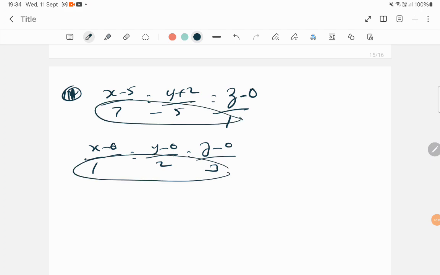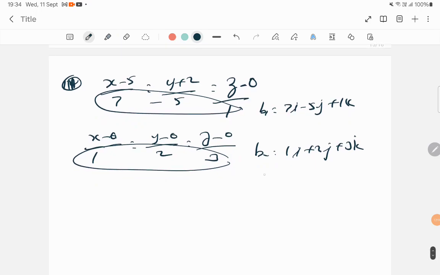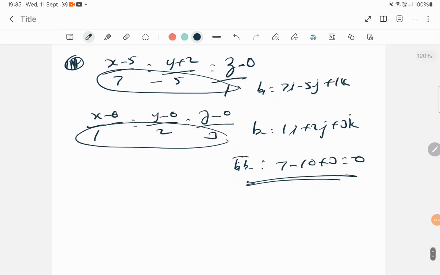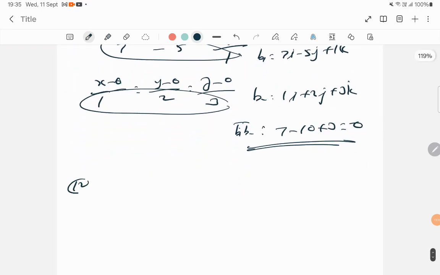To prove they are perpendicular, you write b1 vector 7i - 5j + 1k and b2 vector 1i + 2j + 3k, because the directions are what is important. Dot product them, b1 dot b2: 7 - 10 + 3 = 0, hence they are perpendicular. So let's go to the next question.